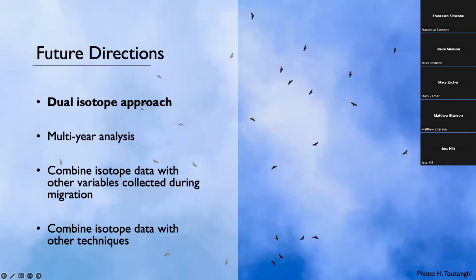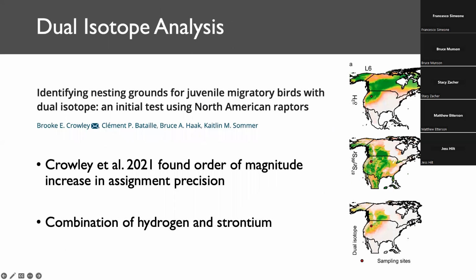However, I have suggested some limitations to this research. So there's definitely some ways that it could be improved. One of those is using a dual isotope approach. Researchers have recently published a paper that used a combination of both hydrogen and strontium isotopes, and they found an order of magnitude increase in the assignment precision.